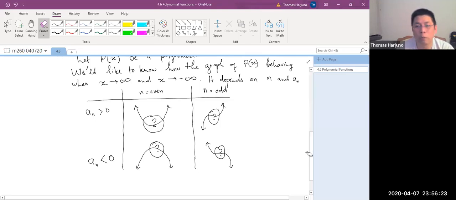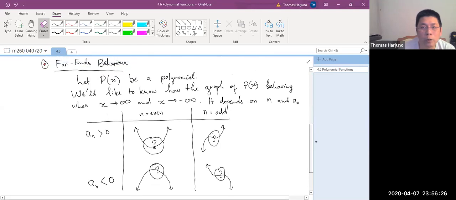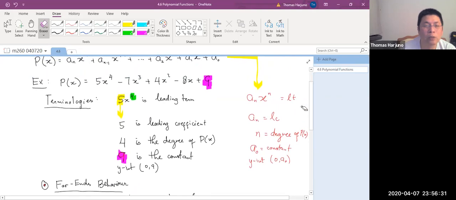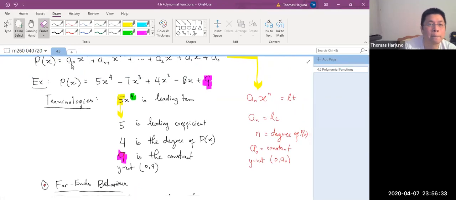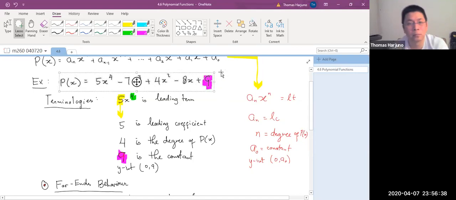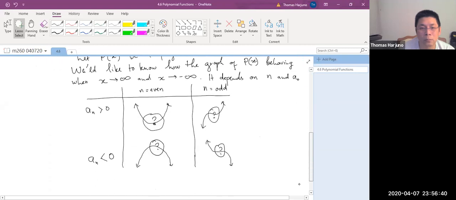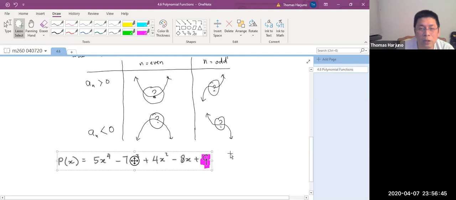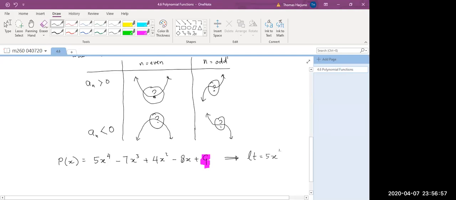Okay, so if we look back to this polynomial we have above here, the leading term is 5x to the fourth.